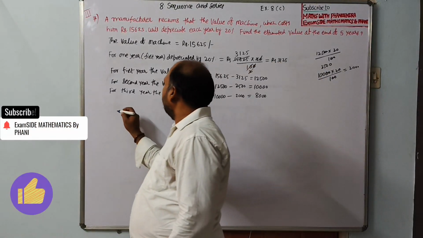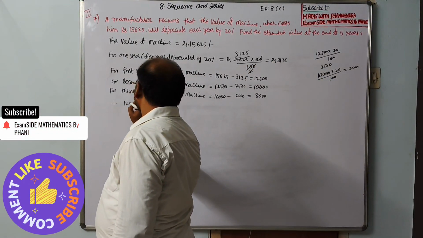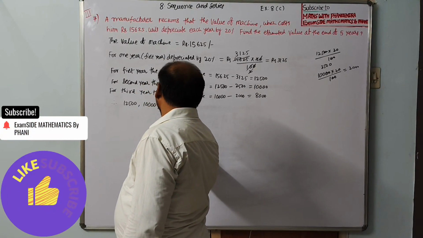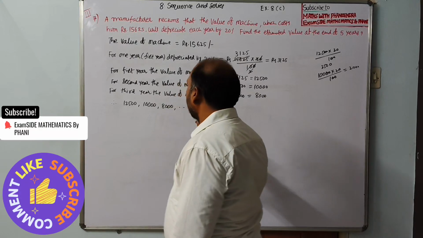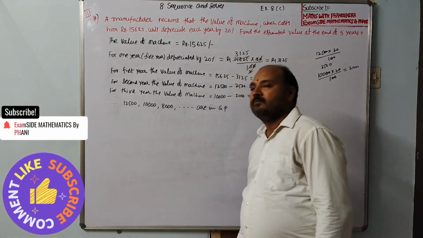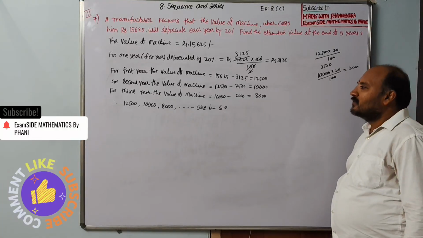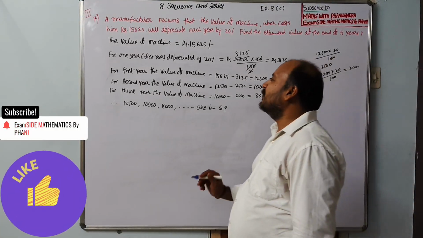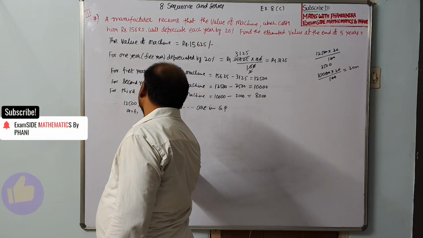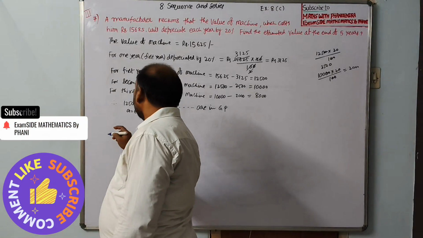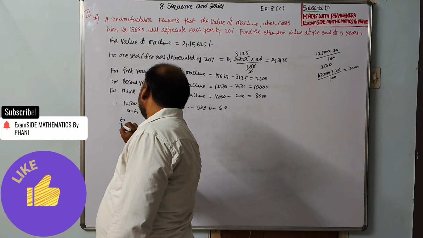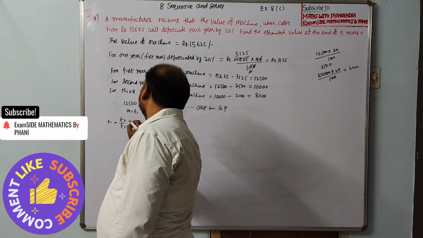So by observing, therefore, 12,500, 10,000, 8,000 and so on are in a GP. Why? Sir, how can you say that this is a GP? See, we will find out A equal to T1, T2, T3. Depreciation is given here. So T2 by T1 you can calculate the R value.